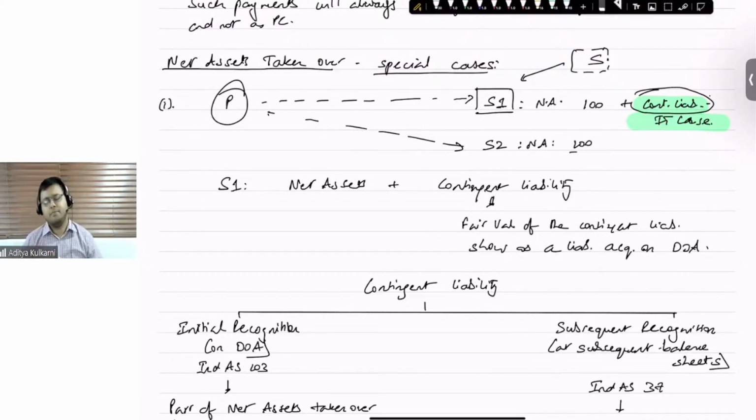First, goodwill was shaken a bit. Contingent liability never recorded is now coming in as an actual liability. Contingent assets were never even shown, and now that is going to come in as an indemnification asset in your balance sheet. Okay. So 103 makes a very, very huge change in our understanding of how accounts should be prepared. Why is that so?